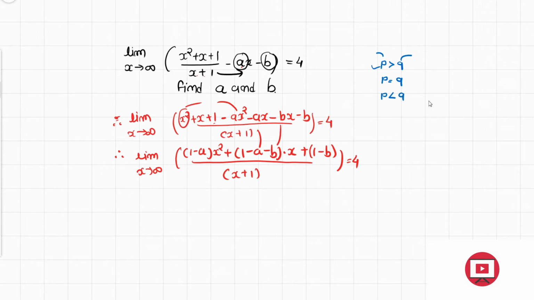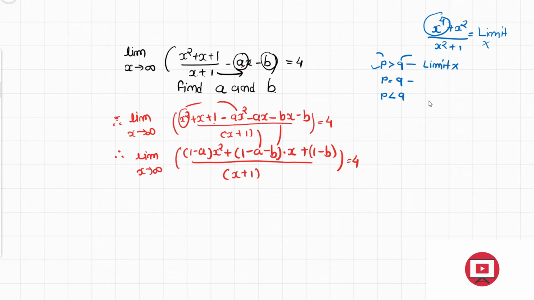Whenever we have a polynomial and the power of numerator is greater than the power of denominator, and x tends to infinity, then we will not get a specific answer, so the limit does not exist. So for this case, limit will not exist.